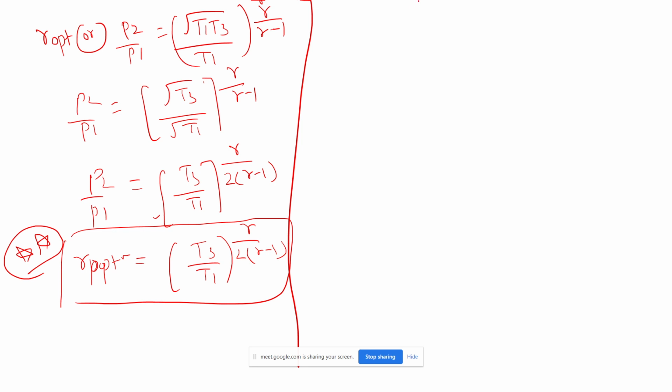Now, the last topic we will discuss, and after that we can solve the numerical part. You all have studied thermodynamics, no? Can you tell me what is the isentropic efficiency? It is the ratio of the efficiency when entropy is the same to the real cycle. Okay, you are right.